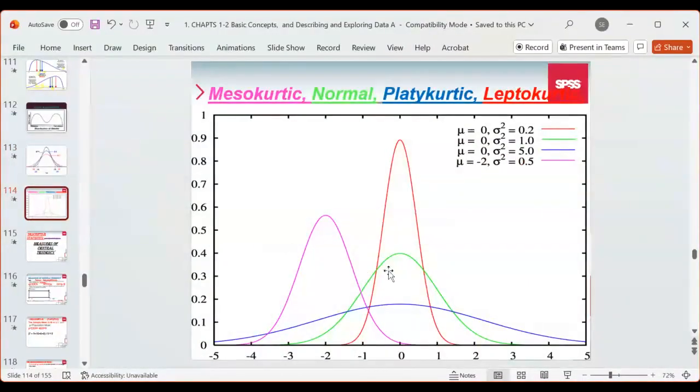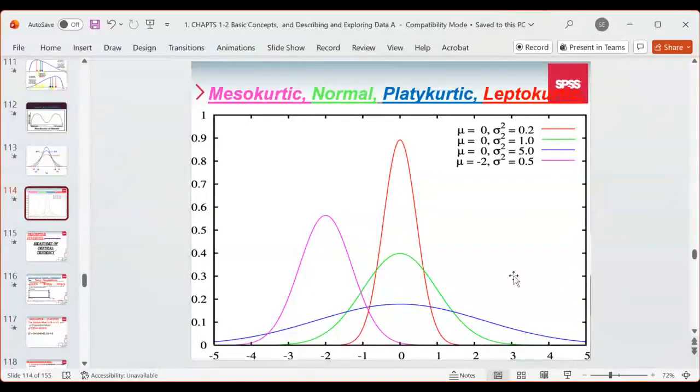If it changes, then it has a different name. For example, you can see the green one is the normal distribution. But if it's blue, see how flat it gets? That has a name. It's called platykurtic. Or if it's pointed, it's called leptokurtic. And something in between is mesokurtic.